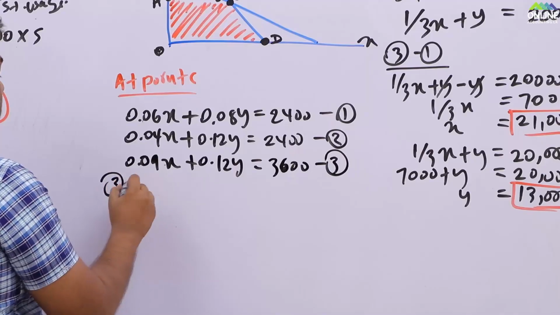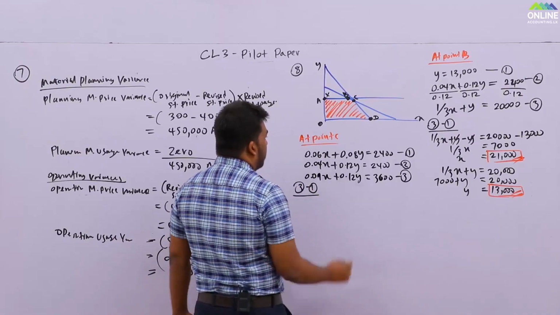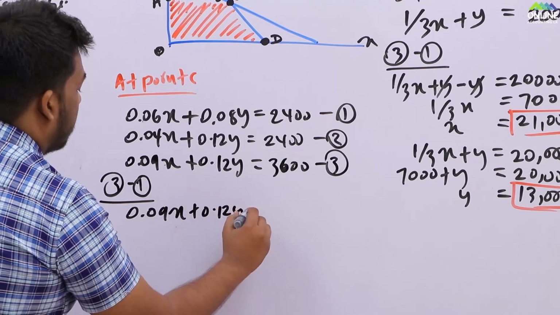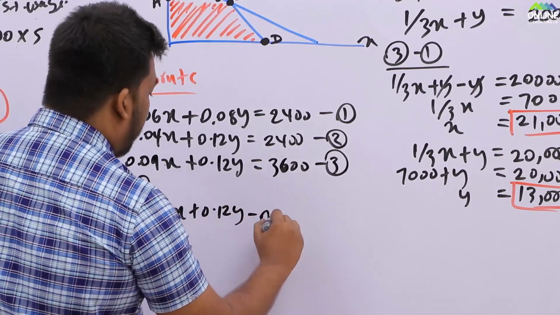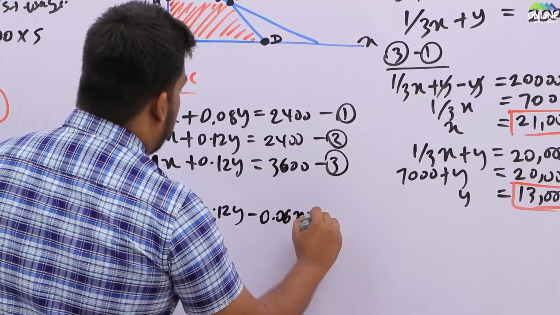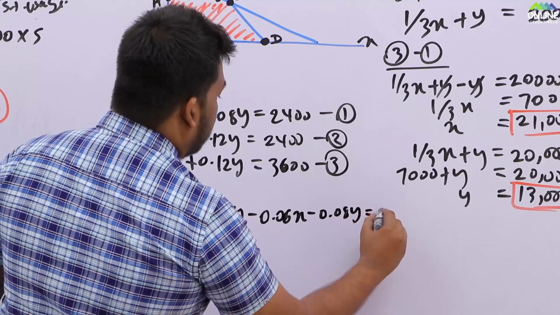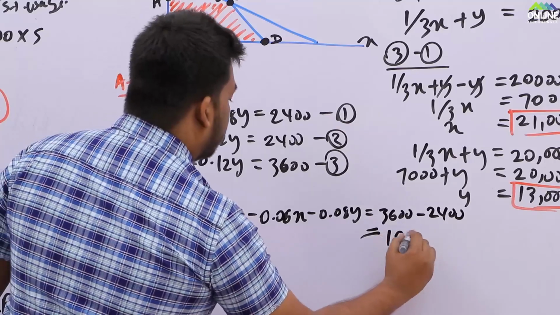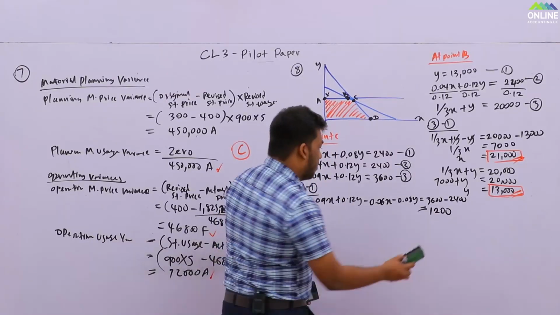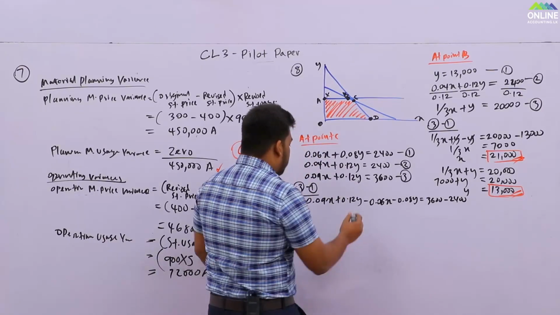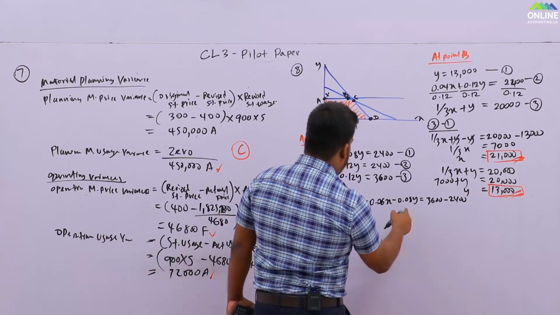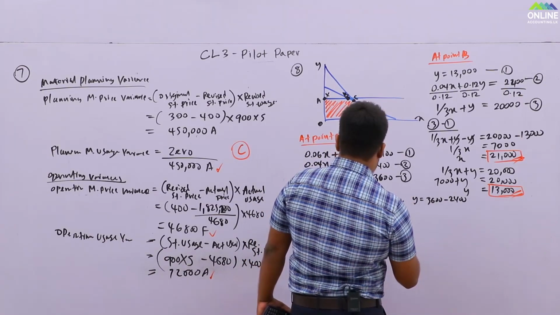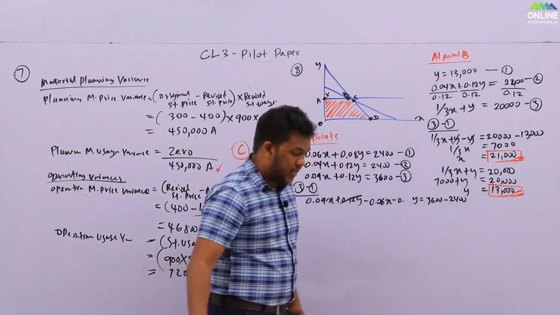Now third minus first. Third one is 0.09x plus 0.12y, minus 0.06x minus 0.08y, equals 3600 minus 2400. Sorry, this is third and second.